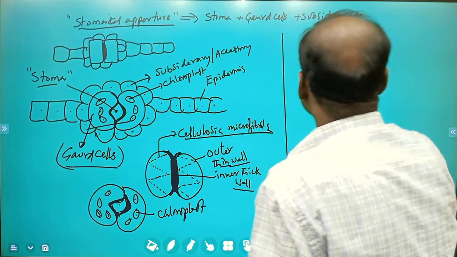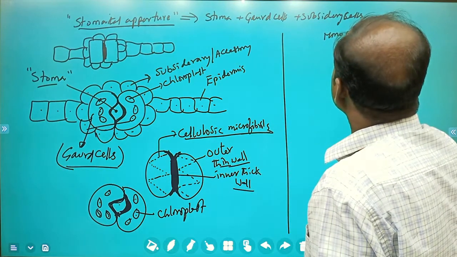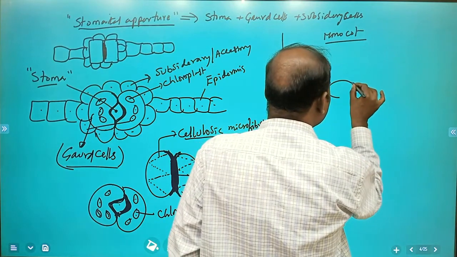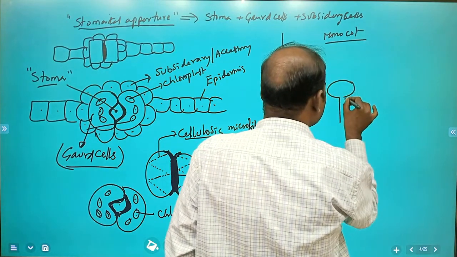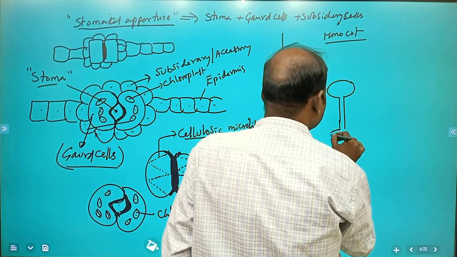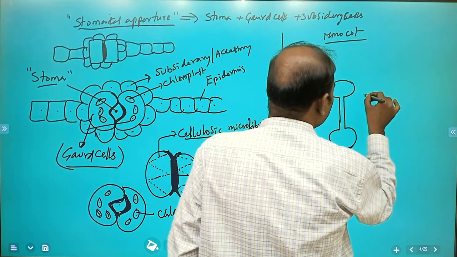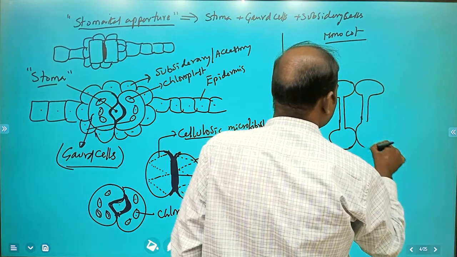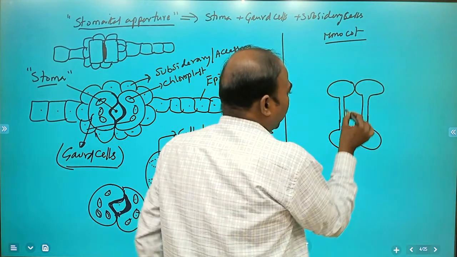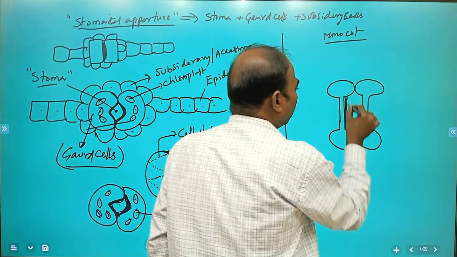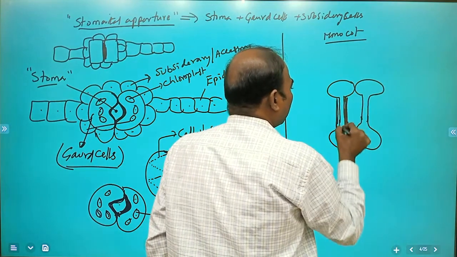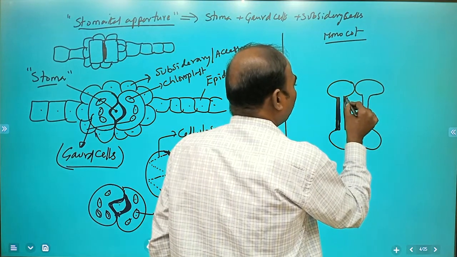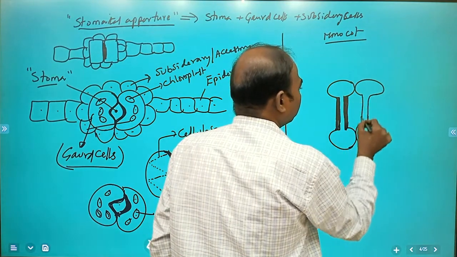Whereas in monocot plants, you see the dumbbell shape. That means here the middle wall of the dumbbell becomes thick and the outer wall of the dumbbell is thin.